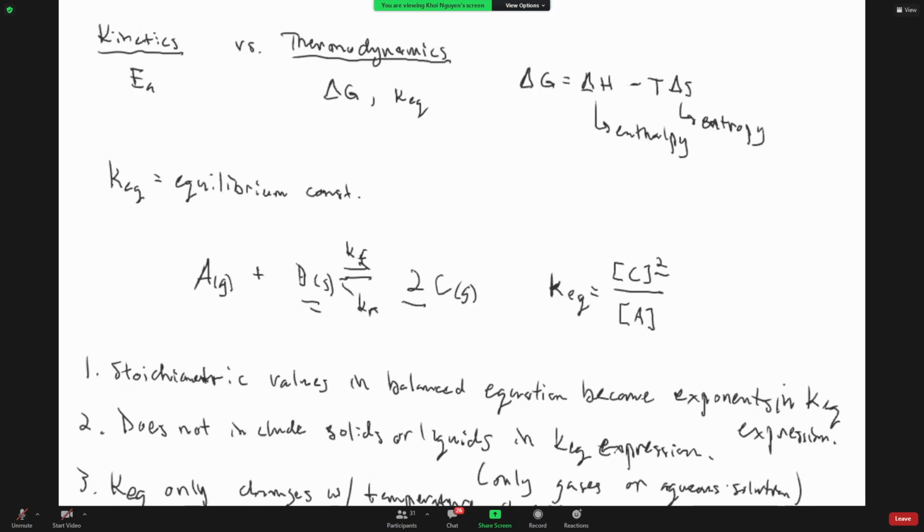They're moving with more kinetic energy, so they'll collide at a faster rate. K forward, K reverse, KF and KR, forward rate and reverse rate. And when we talk about kinetics, we'll talk about the rate constants for those. Okay? Thank you.